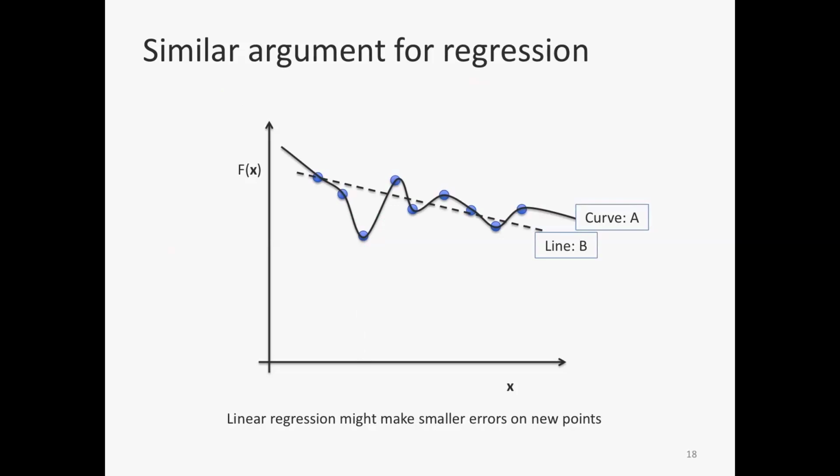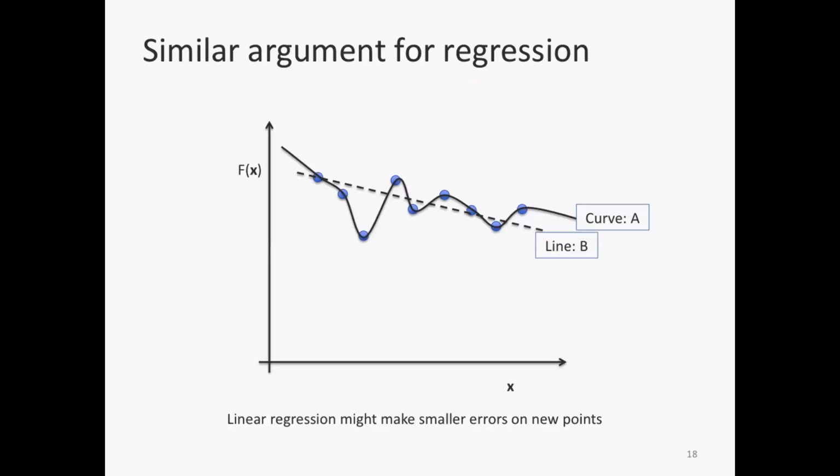And often we end up picking the line simply because if we demand that our curve should go through every data point, no matter how many points we have, we can always find a high degree polynomial that fits the data perfectly. A high enough degree polynomial can fit any data perfectly, which means there's no guarantee that you'll generalize well. And the hope here is with the line, you're making fewer mistakes on average on future examples.